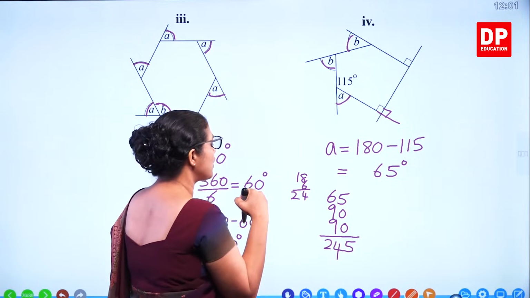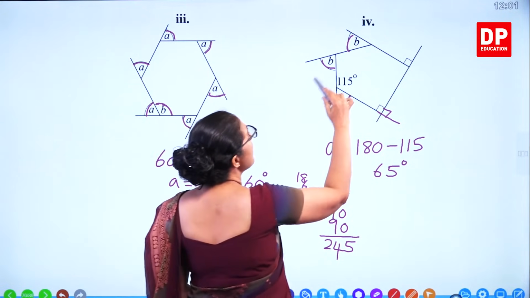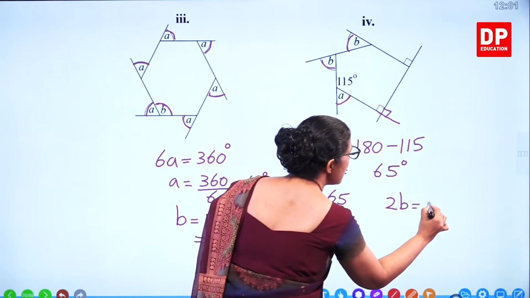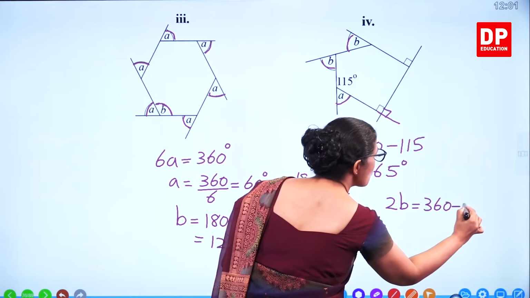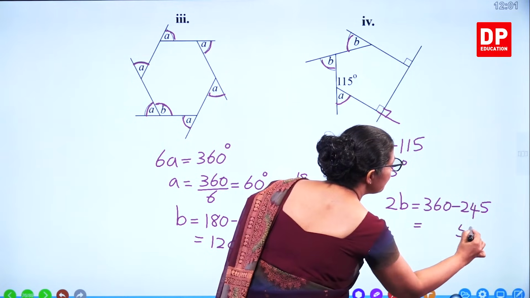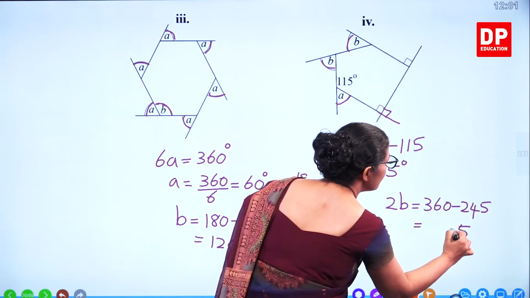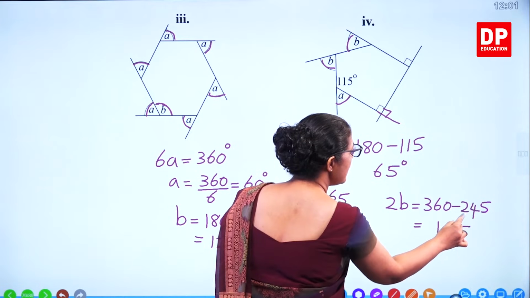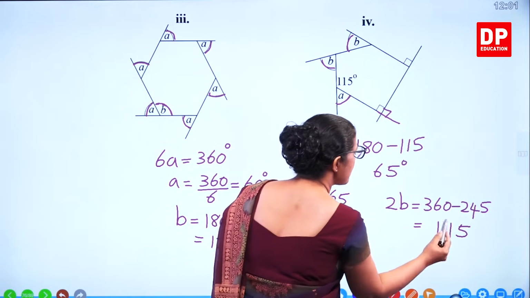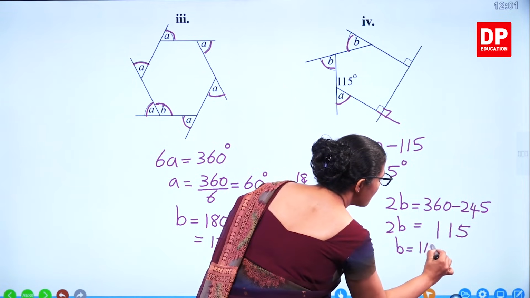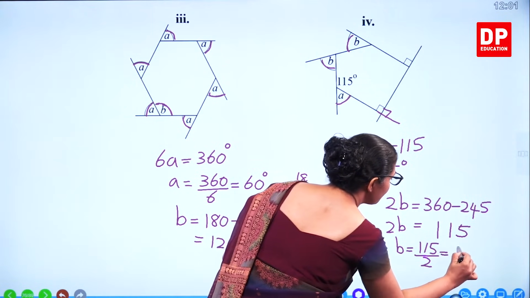So 245. We can find that 2B is 360 minus 245. Check it again. So 2B equals this. So what's B? 115 divided by 2.